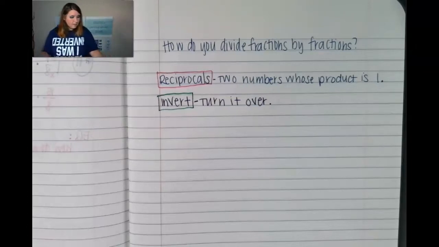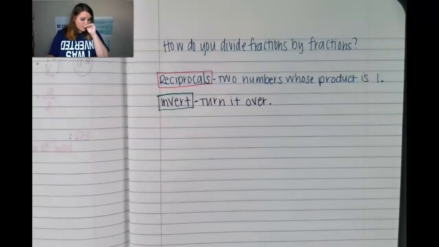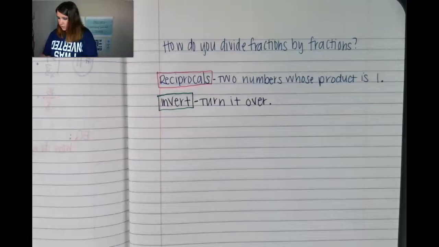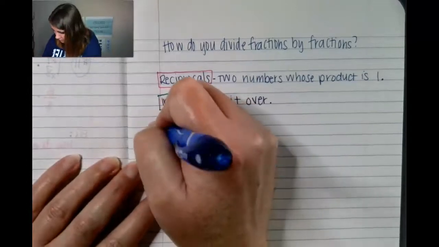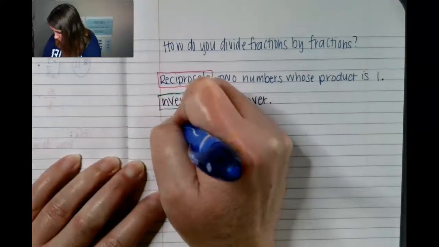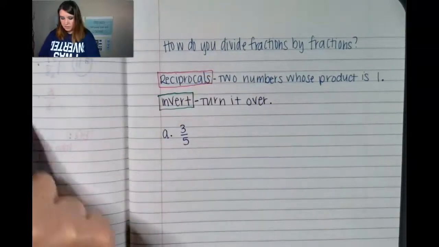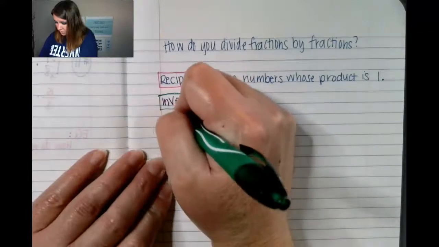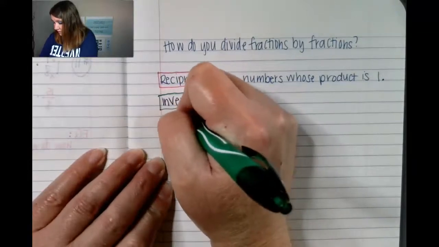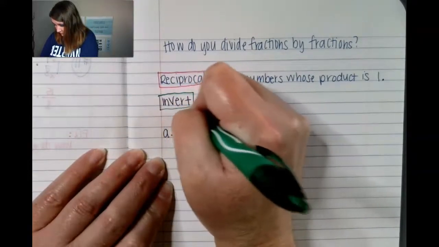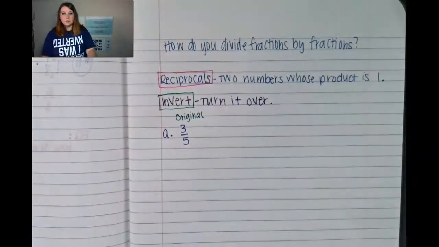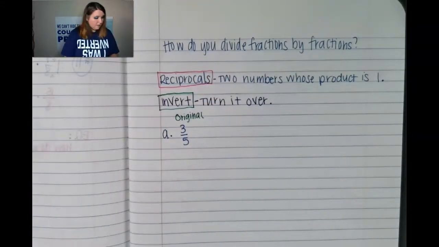So let's say that you have this original number of 3/5. Here's my OG, my original number. That's my fraction.